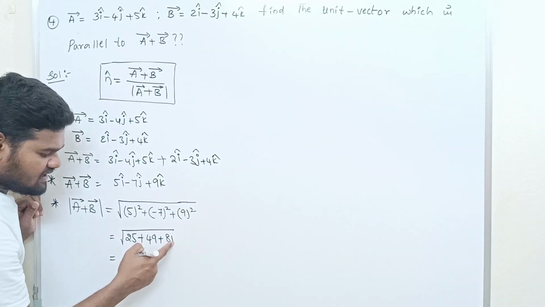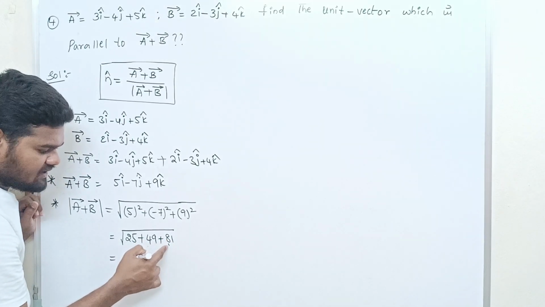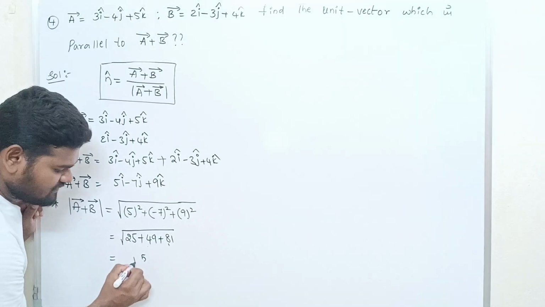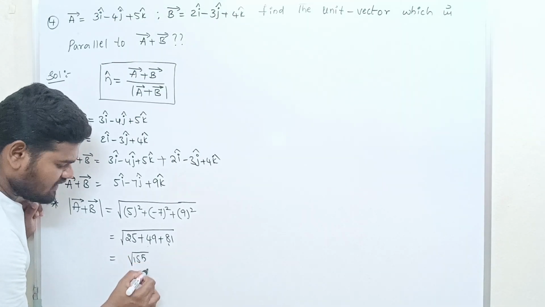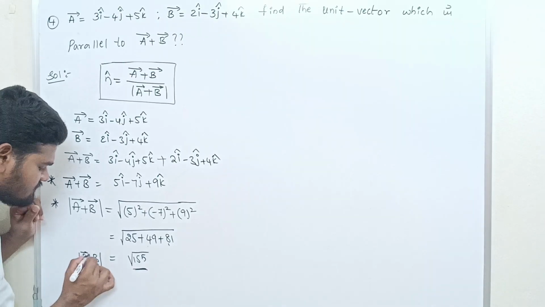So 25 plus 49 plus 81, that is root 155. This is the magnitude of a bar plus b bar.